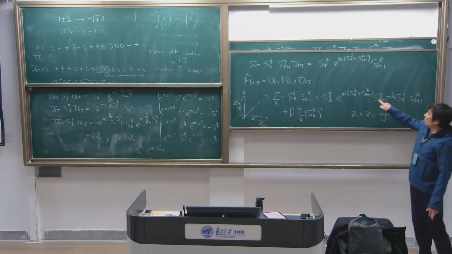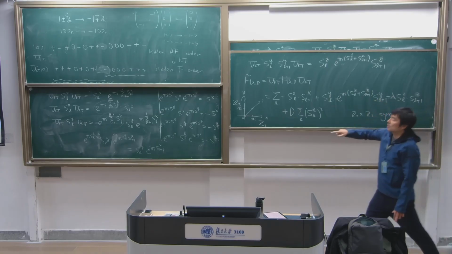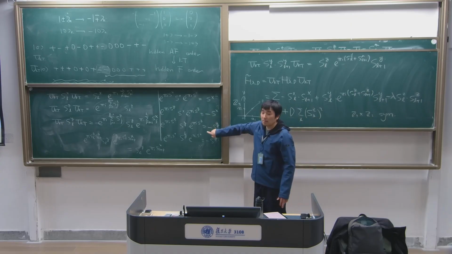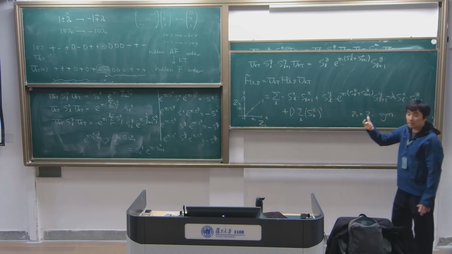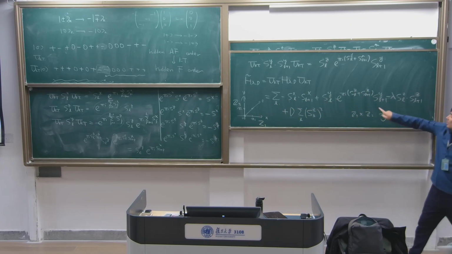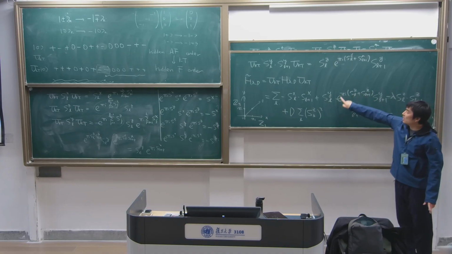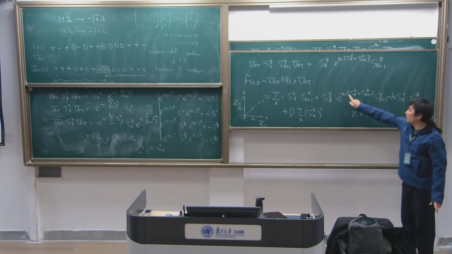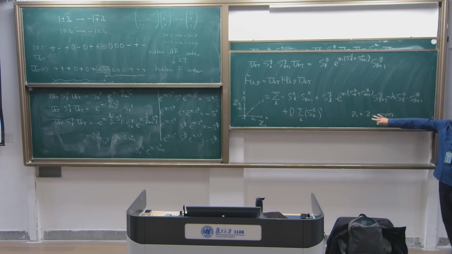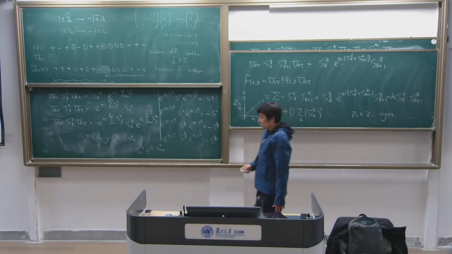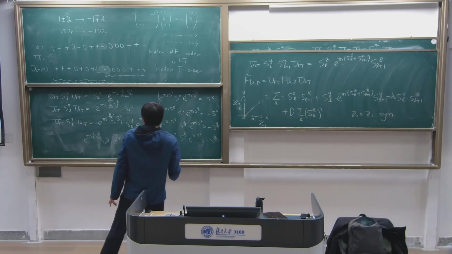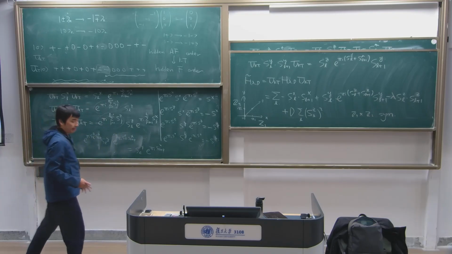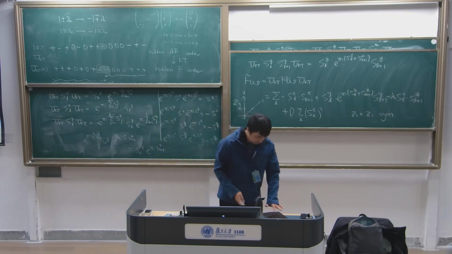Even if you have a pi rotation, the non-trivial rotation gives a minus sign. But this quadratic term will cancel these signs against each other. And this linear term is e to the i pi, it doesn't matter, because if you have a plus sign or a minus sign, it is e to the i pi. So therefore, this has a z2 cross z2 symmetry.